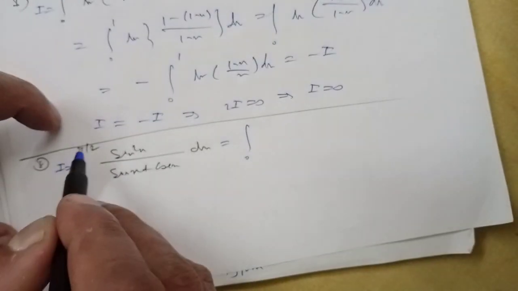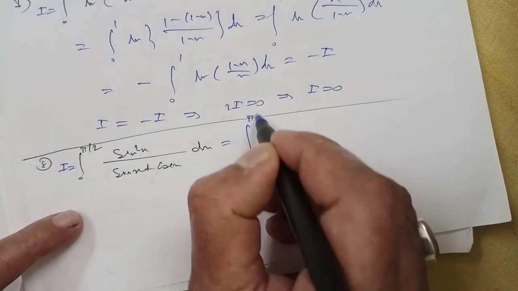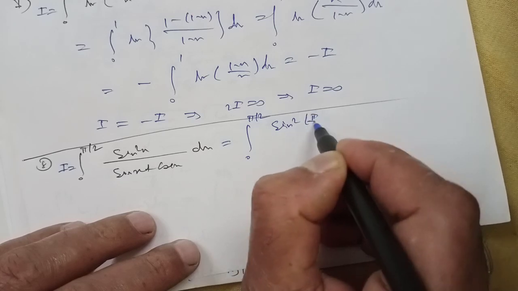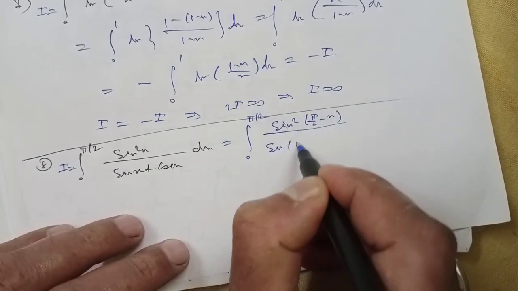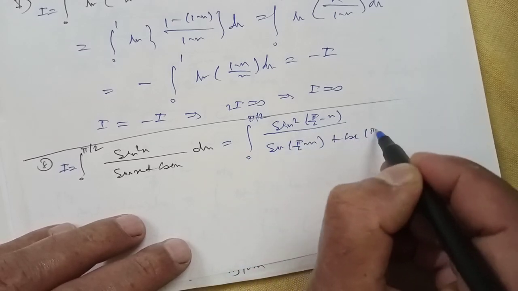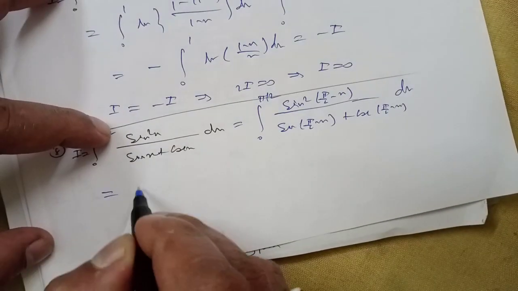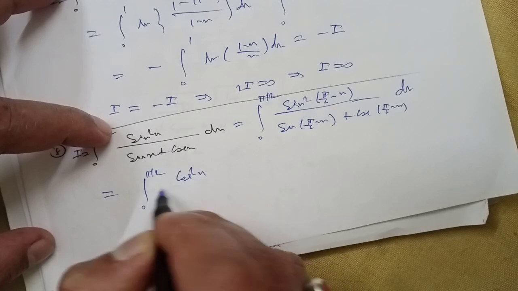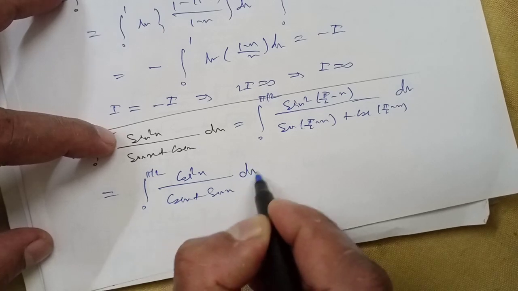Here a is pi by 2, so you have to replace x by pi by 2 minus x. 0 to pi by 2 sin square of (pi by 2 minus x) by sin of (pi by 2 minus x) plus cos of (pi by 2 minus x), then dx. So you get 0 to pi by 2 cos square x by (cos x plus sin x) dx.